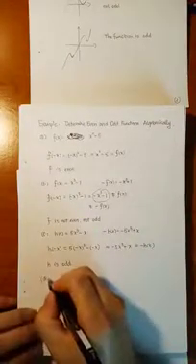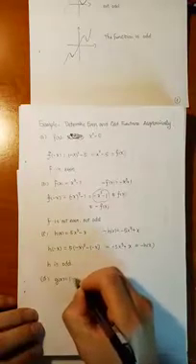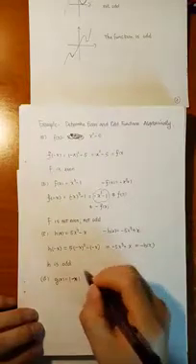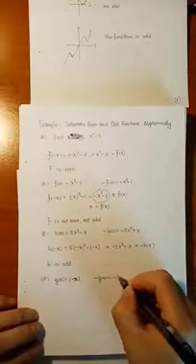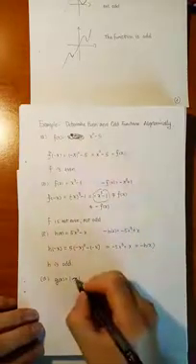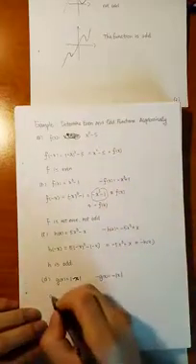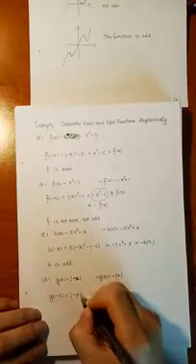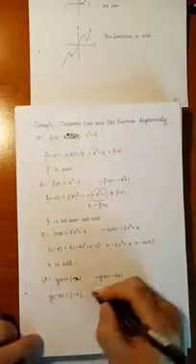Next, g of x is the opposite value (absolute value) of x. g of negative x is the opposite value of negative x, and we know that the opposite value sign will kill this negative sign.